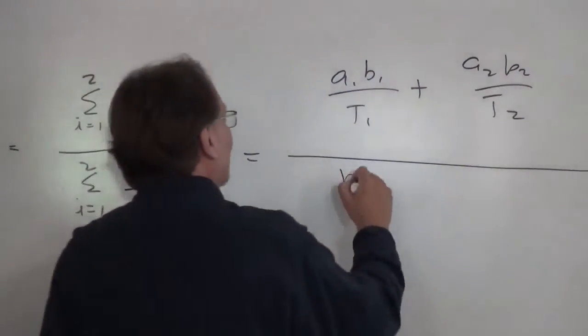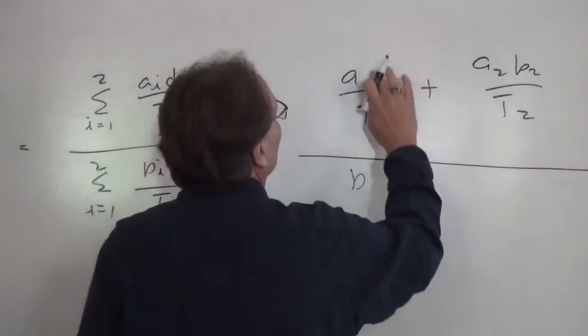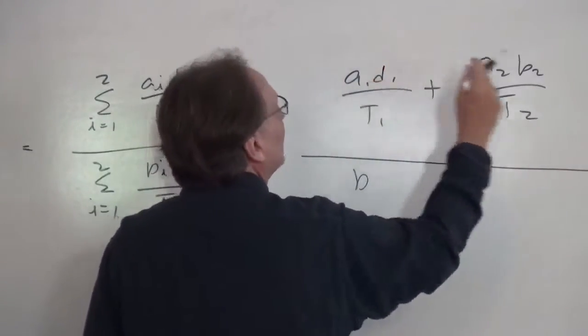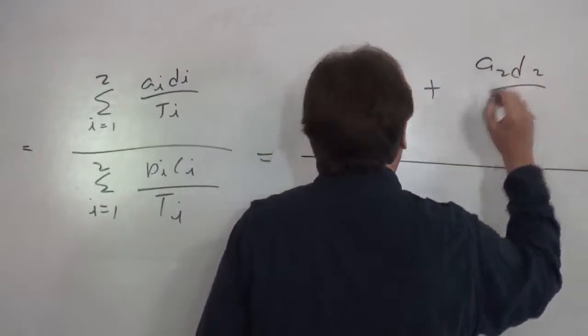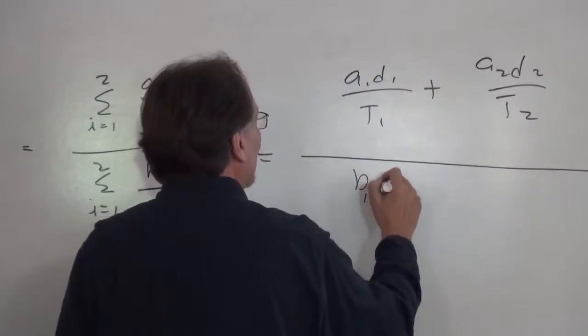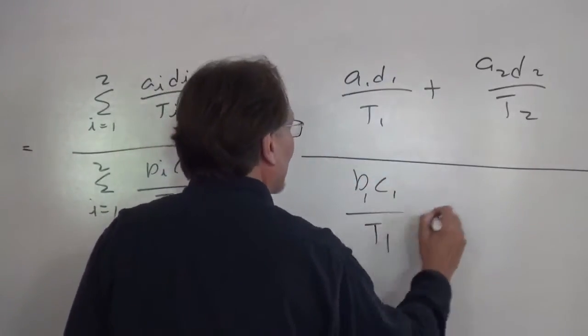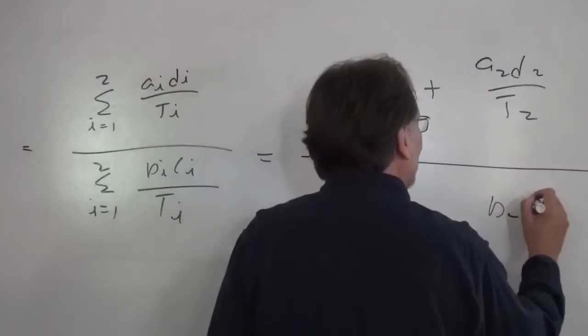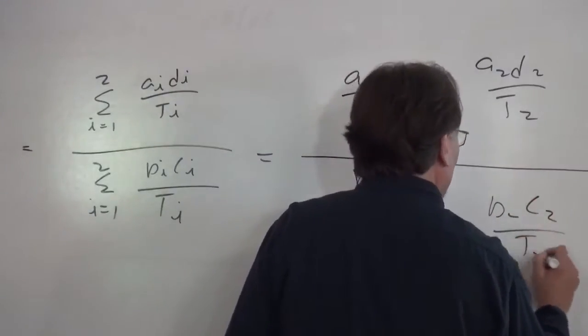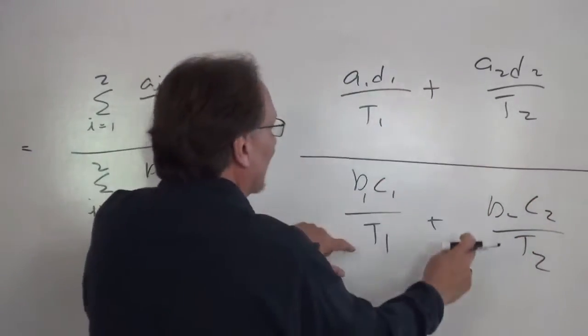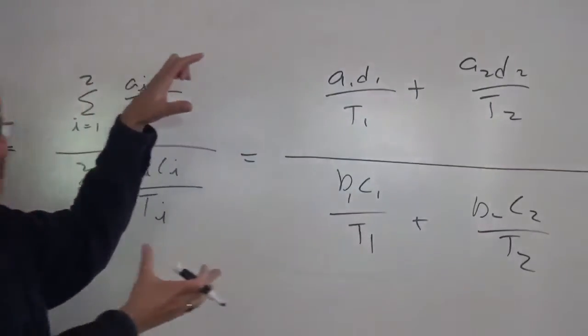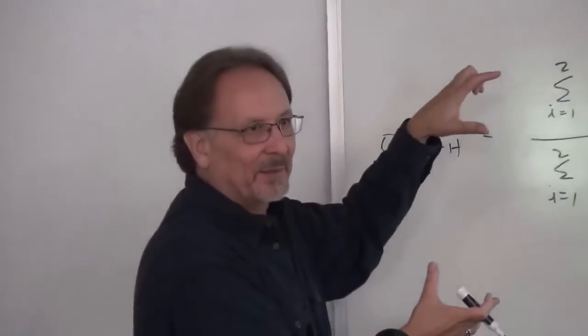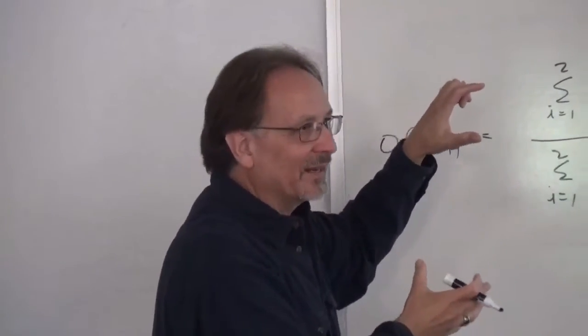Then B1C1 over T1 plus B2C2 over T2. You do this addition and this addition, and then for the final product, you do the division. Everybody see what I'm getting at?